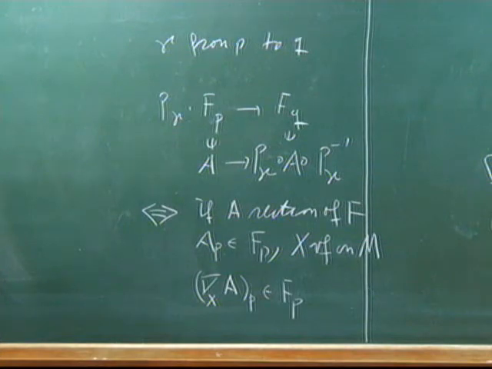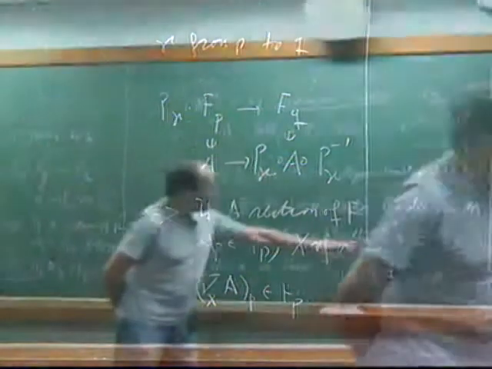It doesn't say there's a basis of sections which are parallel. It doesn't say that. In particular this bundle F, in general, doesn't have any sections.